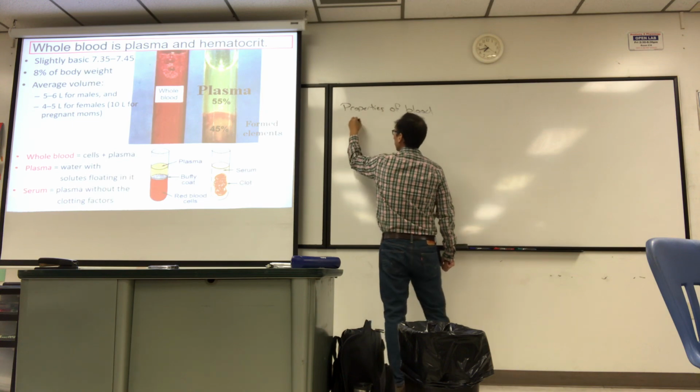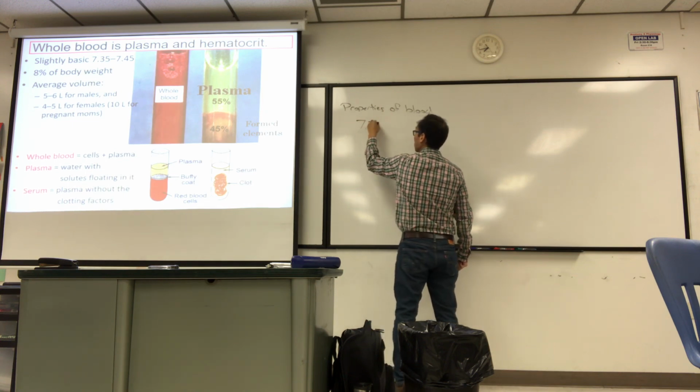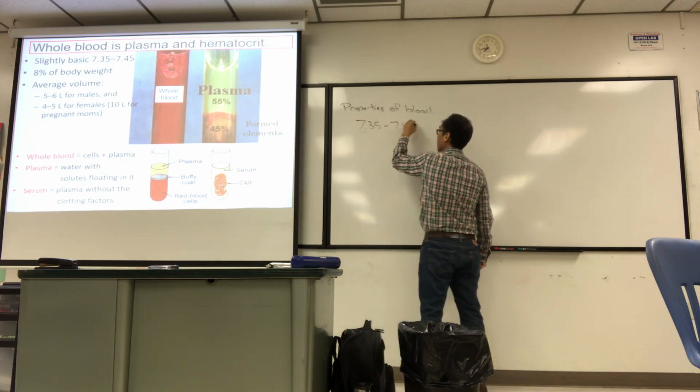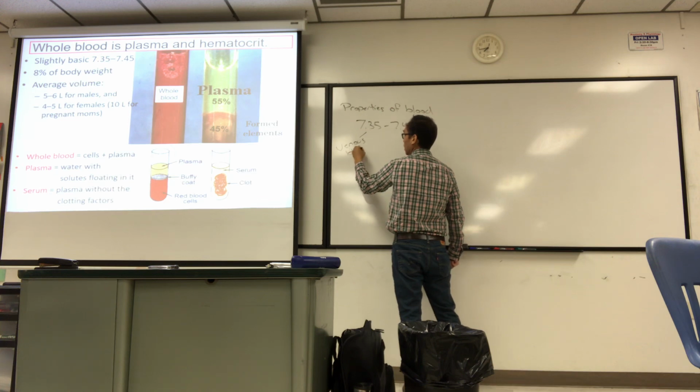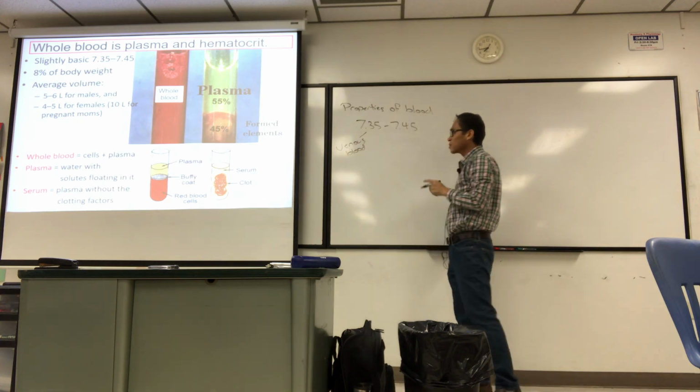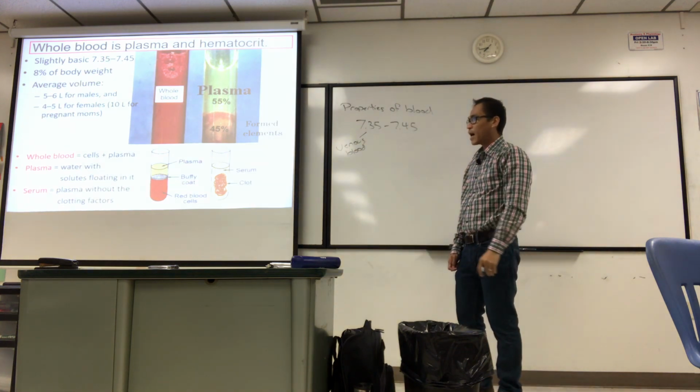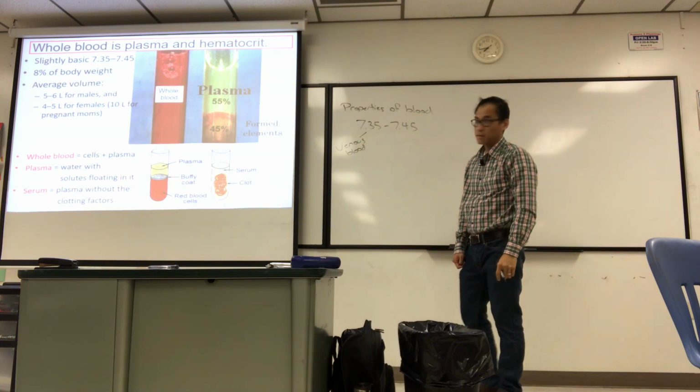Now, the reason why there's a range: venous blood is slightly more acidic because it has a higher CO2 content.